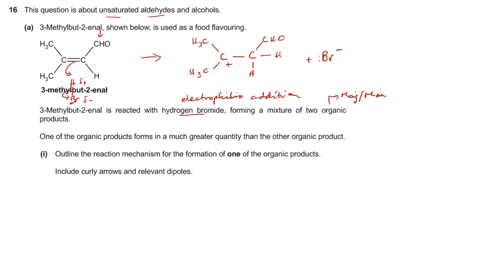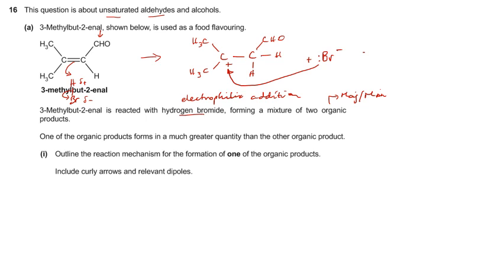So it has a -1 formal charge. And then the bromide ion is going to attack the positive carbon atom. So we're going to draw a curly arrow all the way around to attack that carbon that's got the positive charge.